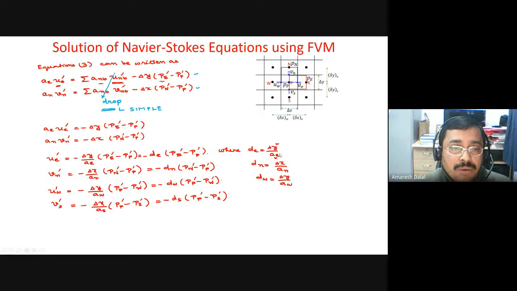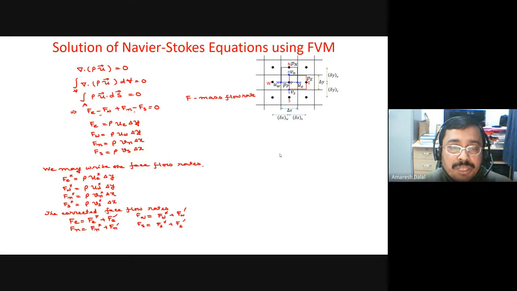So now if we consider the continuity equation, which we need to satisfy in the main control volume, right, at P, we are integrating over this control volume, using Gauss divergence theorem to convert this volume integral to a surface integral, and this is the equation. So Fe, Fw, Fn, Fs, these are the mass flow rates at east, west, north and south face. We can write like this.